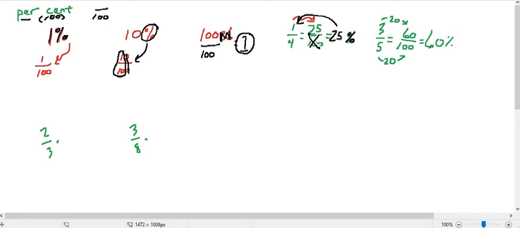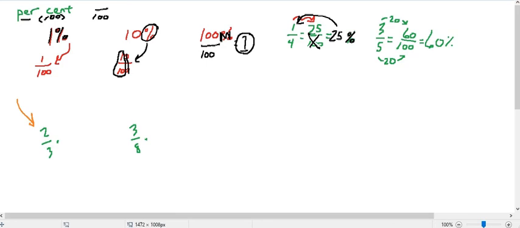Now, not every number is as easy to quickly do mentally. Like we have here, 2/3. There isn't an even multiplier from 3 to 100. So to just write equals, what is 3 times what is 100, it's not a simple way to do it. So you can do that; it's quicker if the number is even.